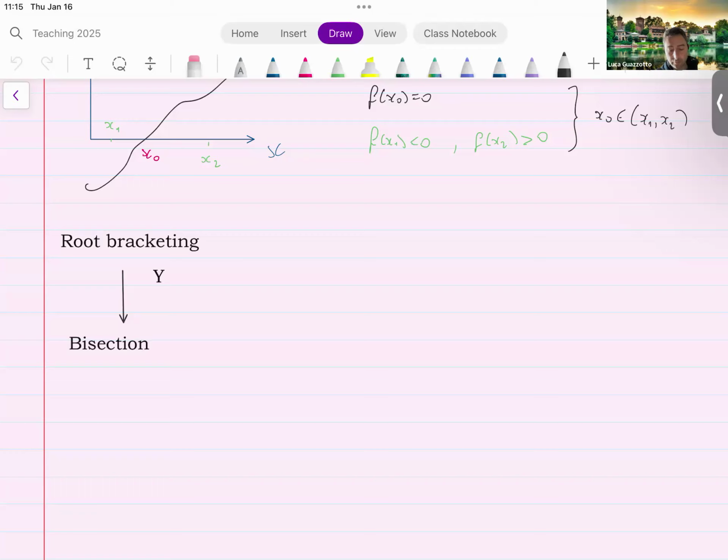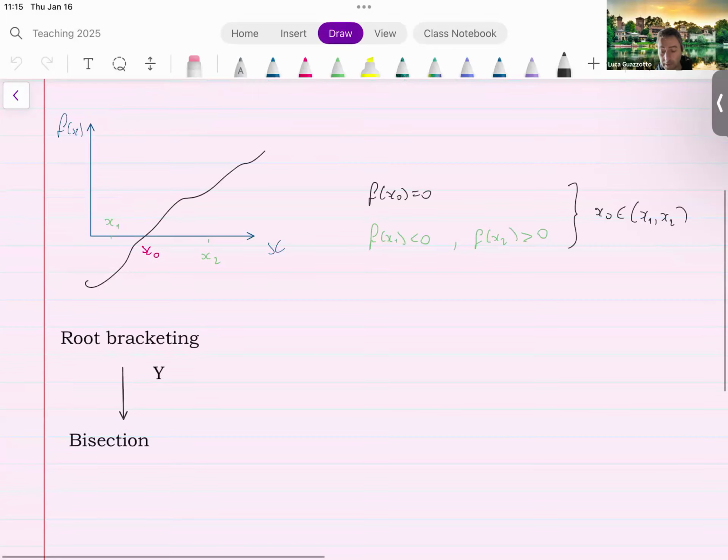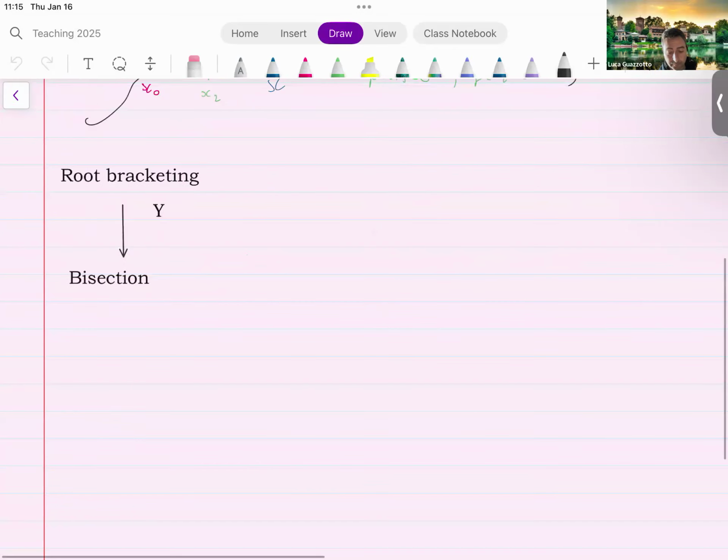And here is how it works. I'm going to make a sequence of points with the idea that each new point is getting me closer to the actual solution, the point x0 I'm looking for.